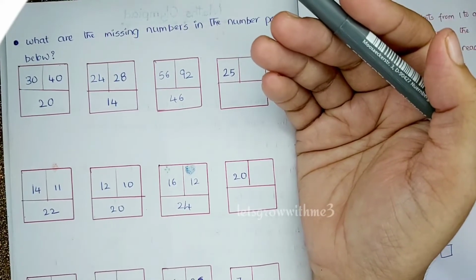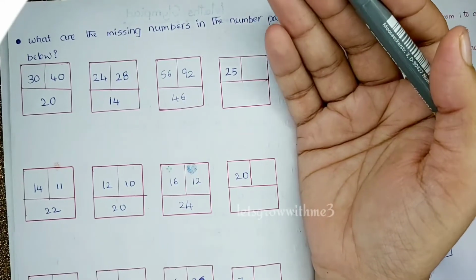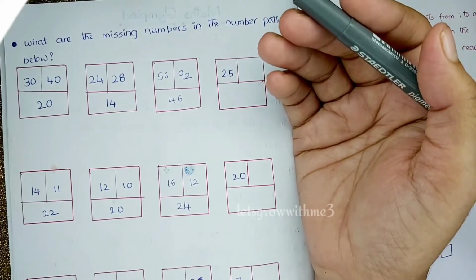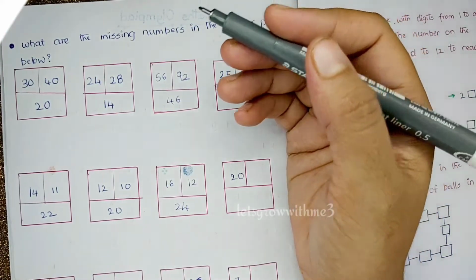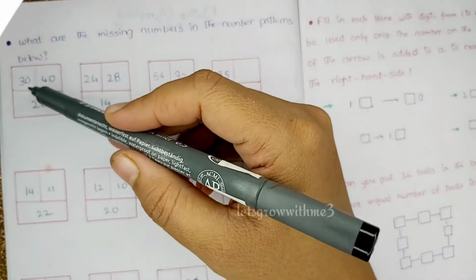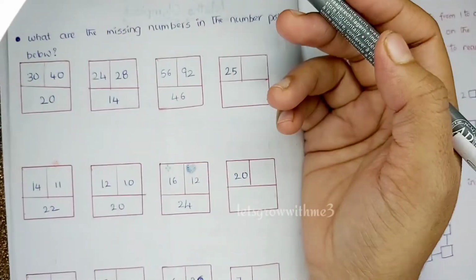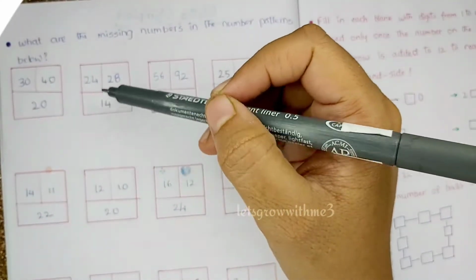Okay, so let's observe here. Three numbers are placed in the boxes. If we see 30, 20, the difference is 10, and 24, 14, the difference is also 10. So I'm thinking that between these two numbers there is a subtraction, which is minus 10.